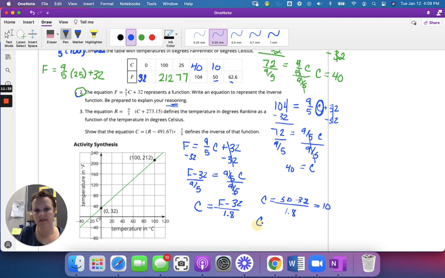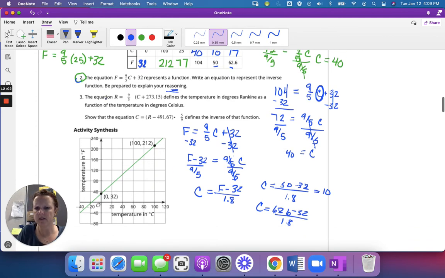And then C equals 62.6 minus 32 over 1.8. I get 17. Okay, it's just a lot easier. You do all the hard work once, and then the equation is there for you to use over and over again.